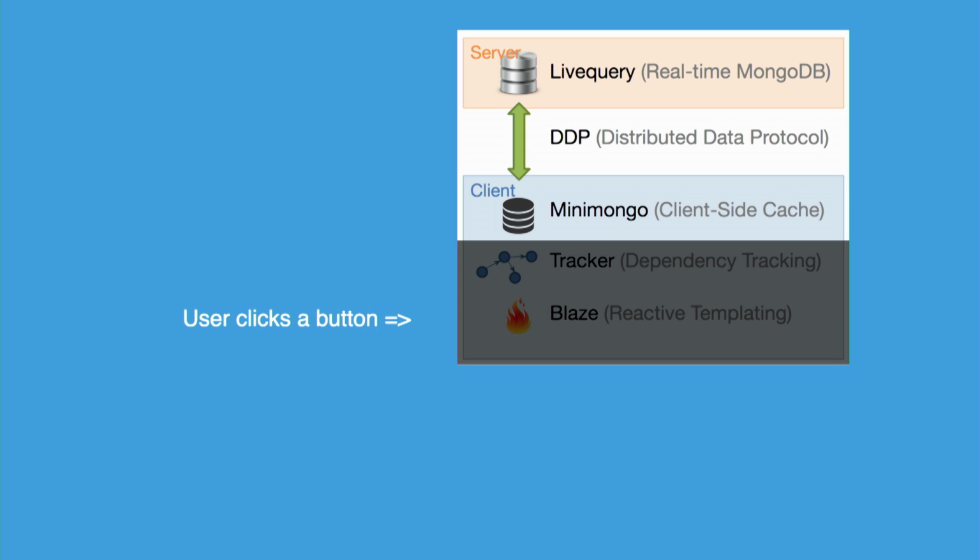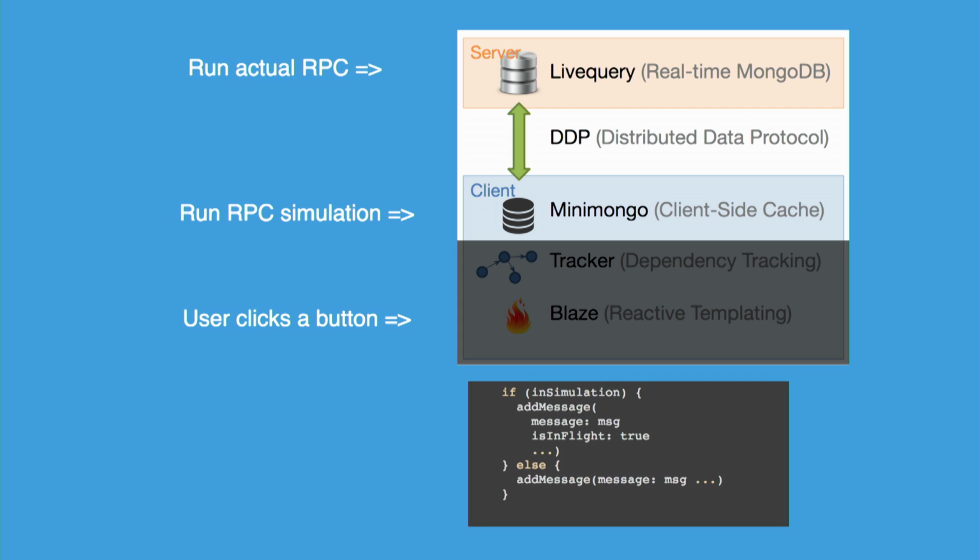So it starts with the front-end layer getting a user interaction. A typical user interaction would be pressing a button like submit this message or create this chat message. This code runs a JavaScript function that would be executed in Meteor on both client and server. This is what we call RPC, remote procedure call.